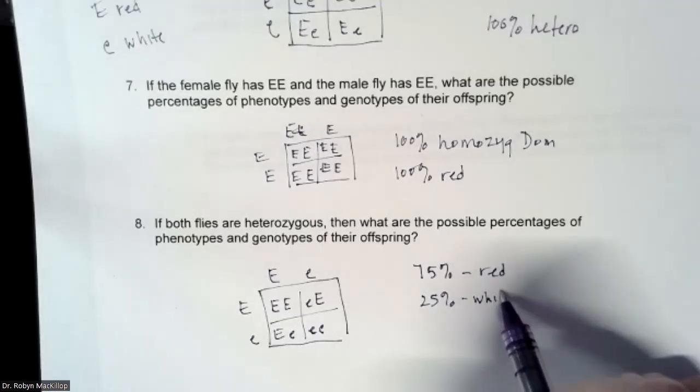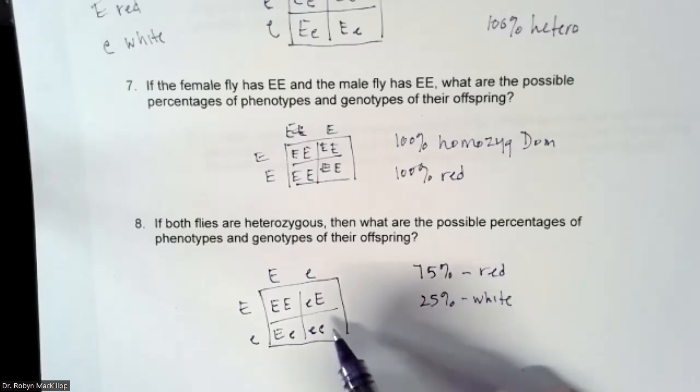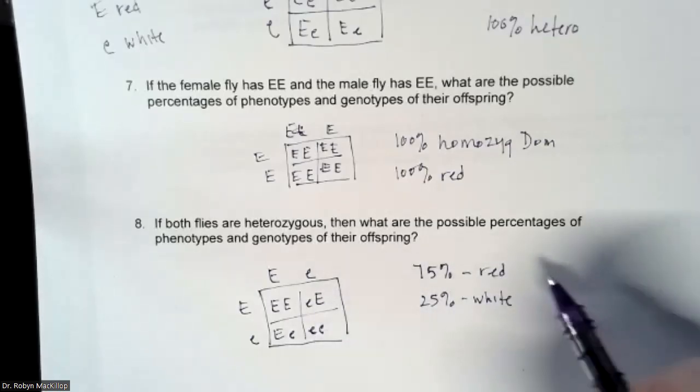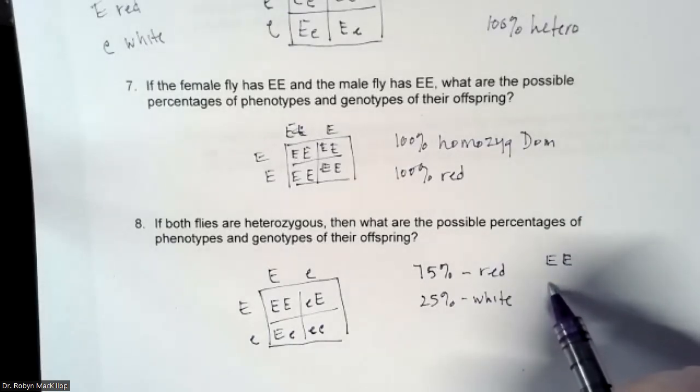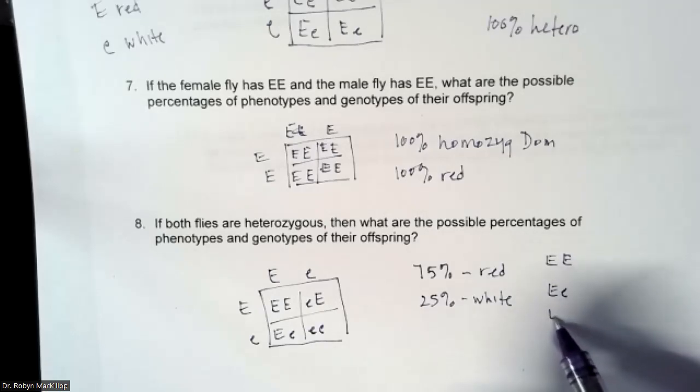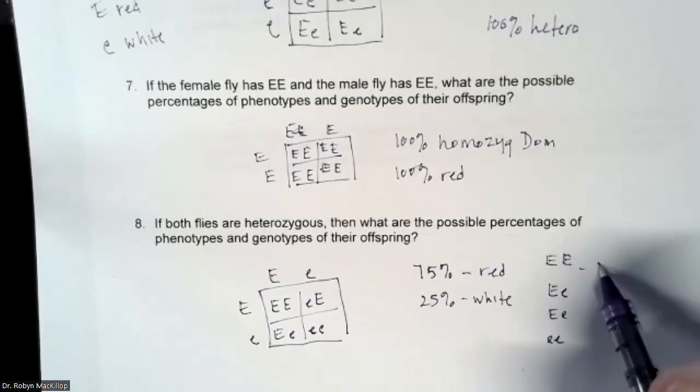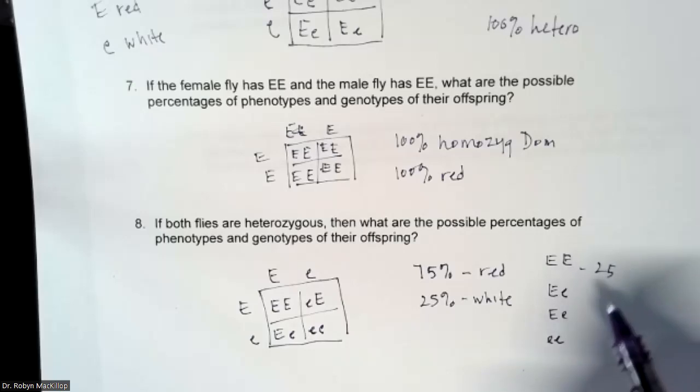And if you break it up by genotype, you've got 1 EE, you've got 2 heterozygous, and you've got 1 homozygous recessive. And heterozygote is dominant?